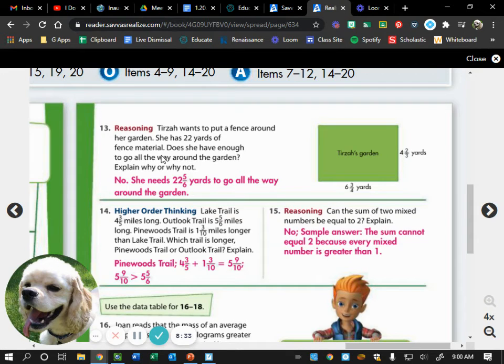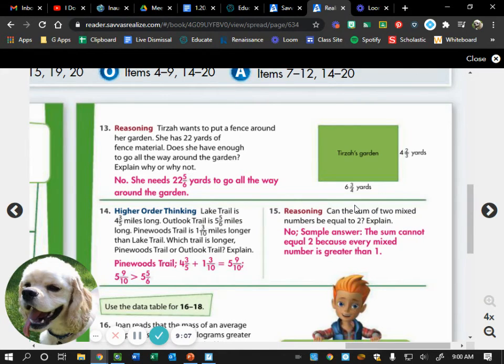So now we have 20 plus 1 and 1/3. Then we would add the 3/4 plus 3/4. Well, 3/4 plus 3/4 is 6/4. And 6/4 is an improper fraction. So 6/4 is the same as 1 2/4, which is the same as 1.5.